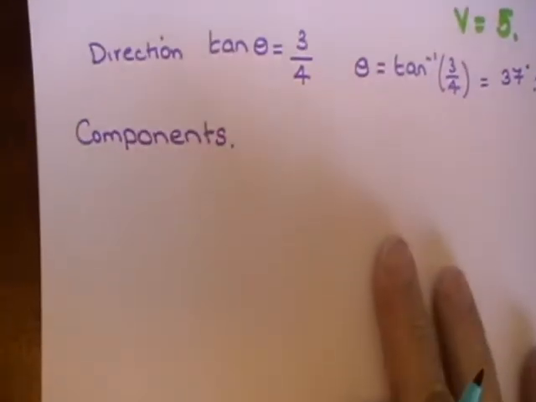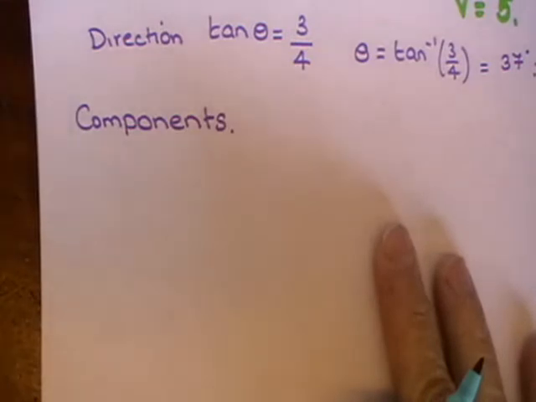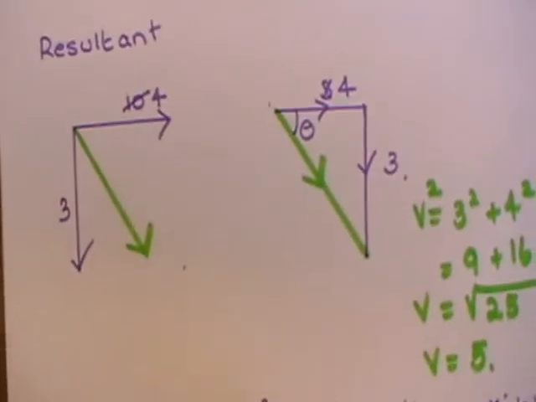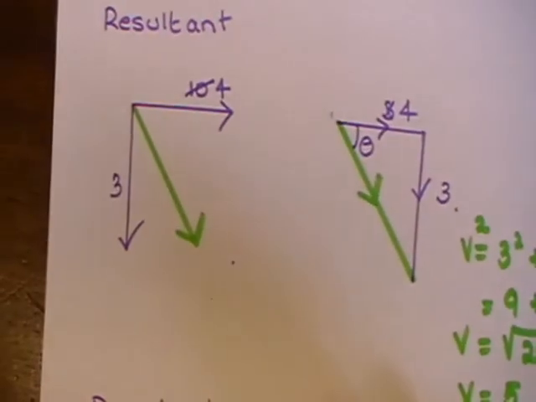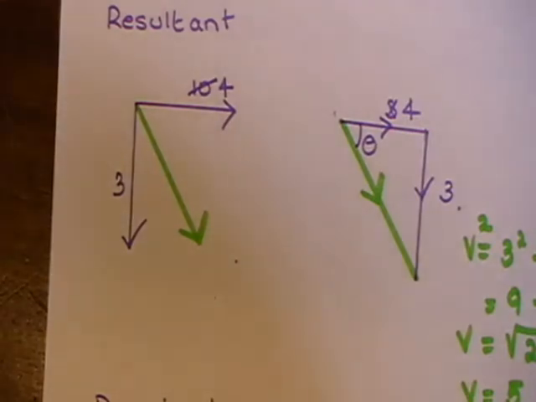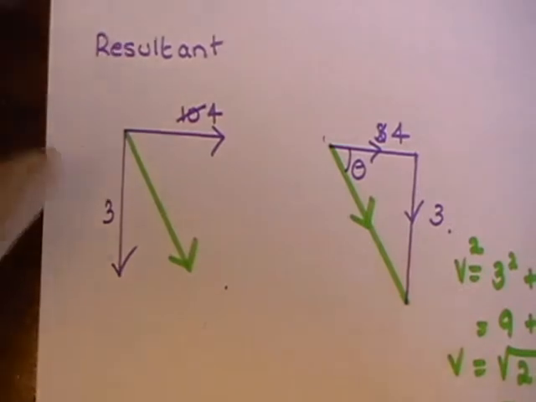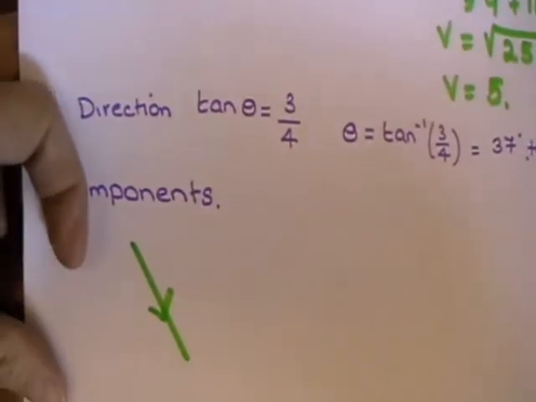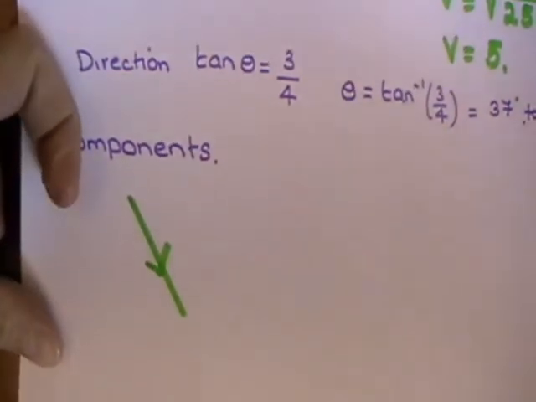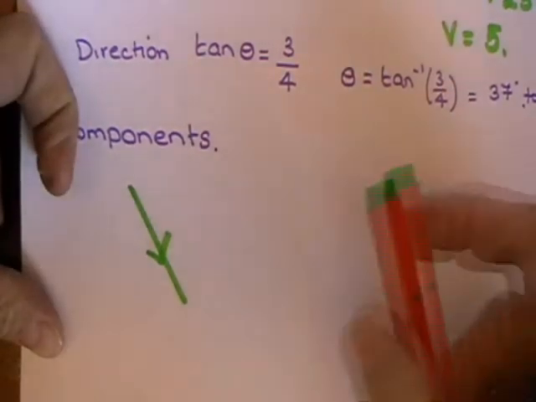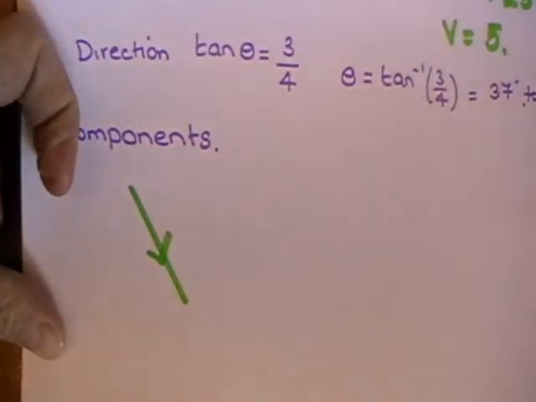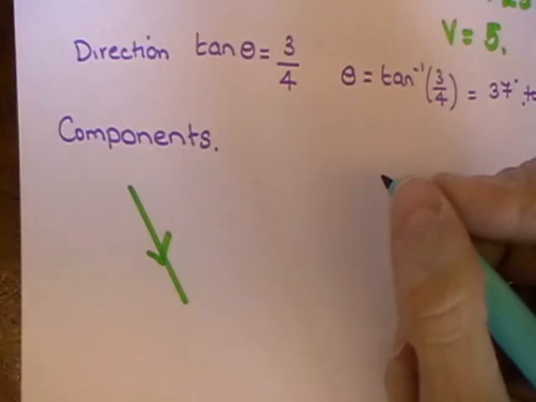The second part then is components of a vector. So if I go back to that green arrow, say I knew that it was of length 5 and that the angle it acted at was 37 degrees to the horizontal. And I wanted to find two components of that, horizontally and vertically.